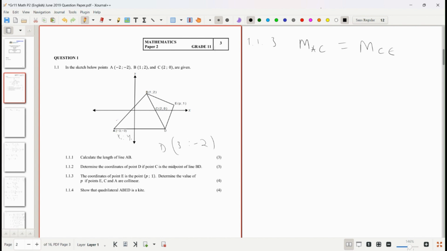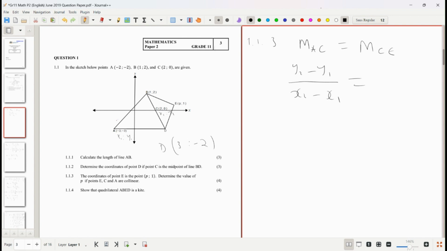This one we name x2, and then y2. So we have the two coordinates here. From these coordinates, we know the formula. The formula is what? Gradient is y2 minus y1 over x2 minus x1, right?